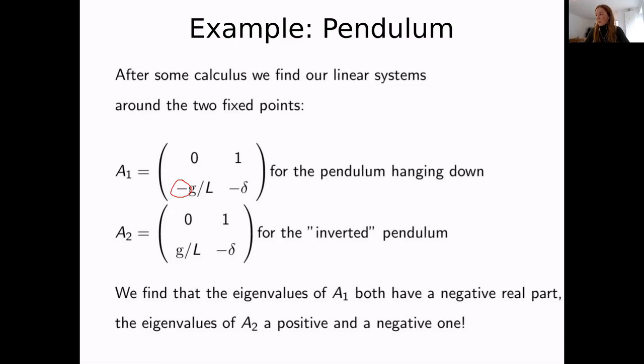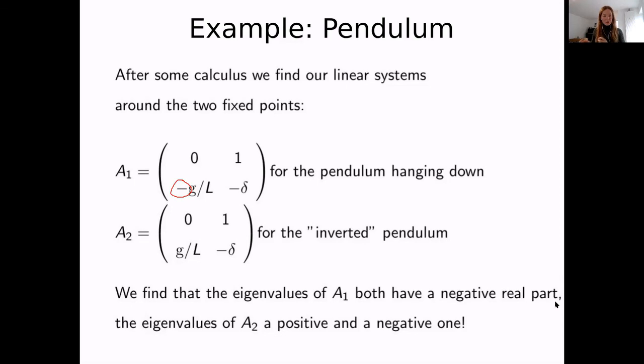For those of you who are familiar with these concepts, what we find now when we compute the eigenvalues, and we did not talk about how to compute them, but you can compute them maybe by hand or just using MATLAB or whatever, is that for this pendulum hanging down, both eigenvalues have a negative real part.